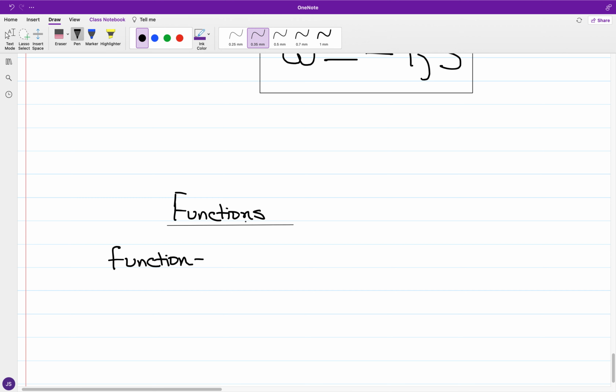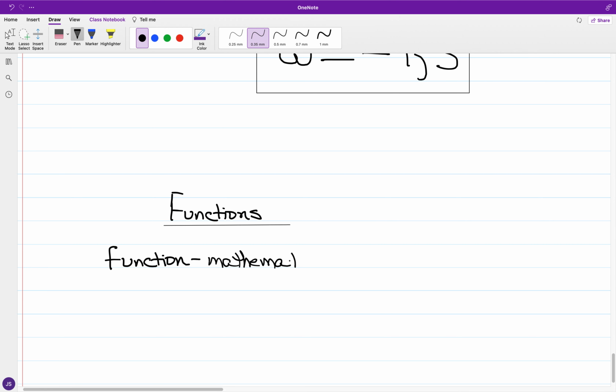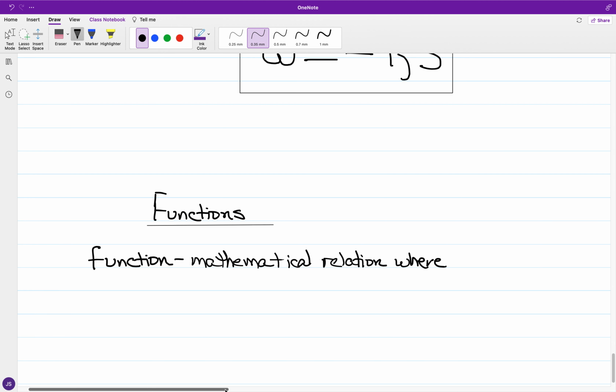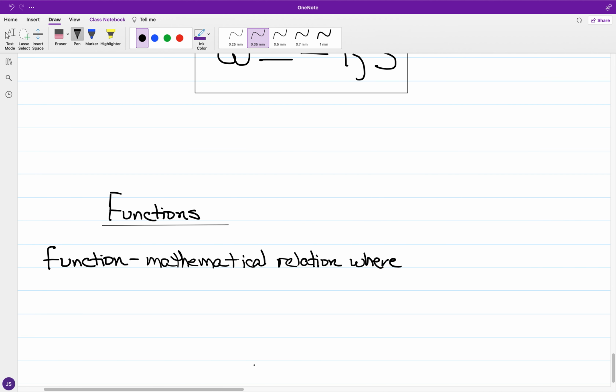a function is going to be a mathematical relation where, now there are various types of coordinate systems you could be dealing with, but for all intents and purposes, we're going to be dealing predominantly with the XY coordinate system.